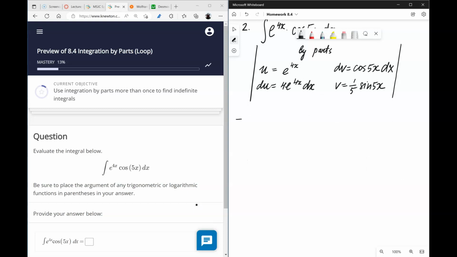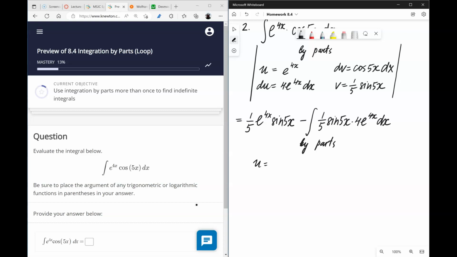So the first integration by parts results in the following expression: u times v minus the integral of v du. Like I said, just stick to the same pattern.